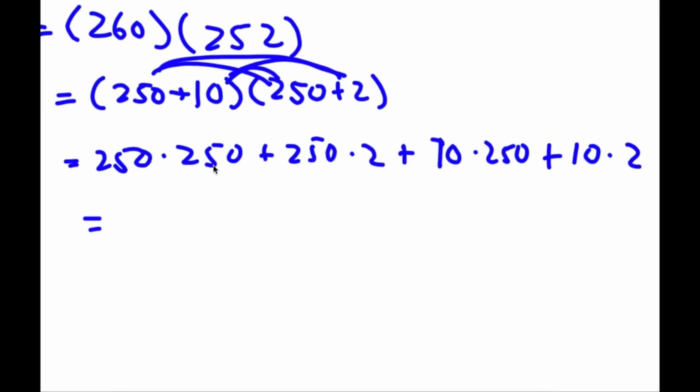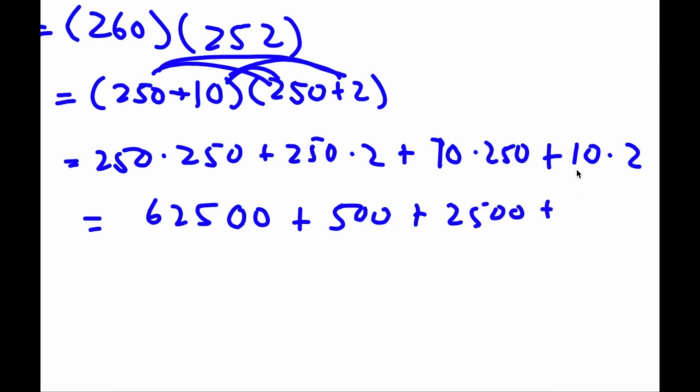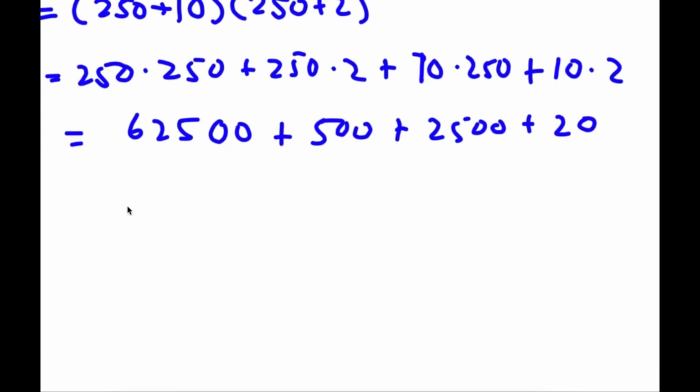Now this is equal to 250 times 250, well, 25 times 25 is 625, so then we just add in these two extra zeros. Now 250 times 2 is 500. 10 times 250, that's 2500. And finally, 10 times 2 is 20.